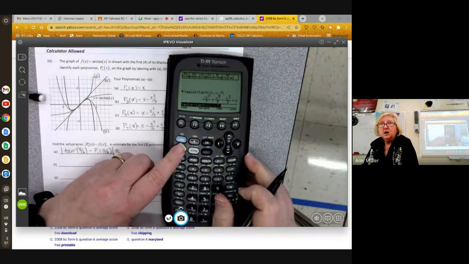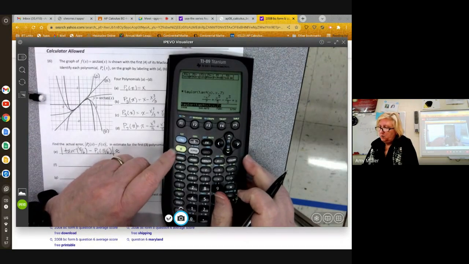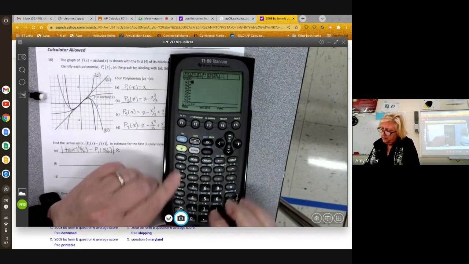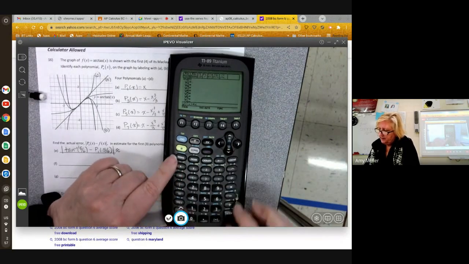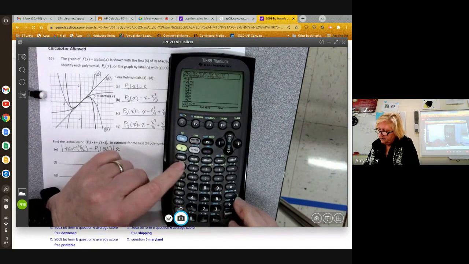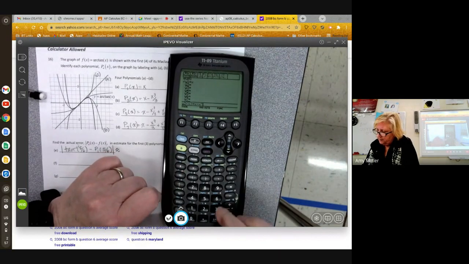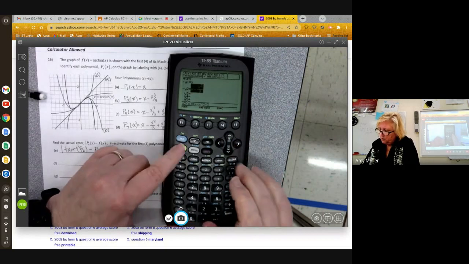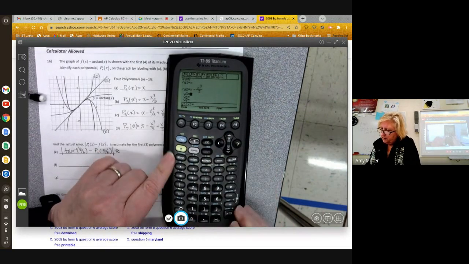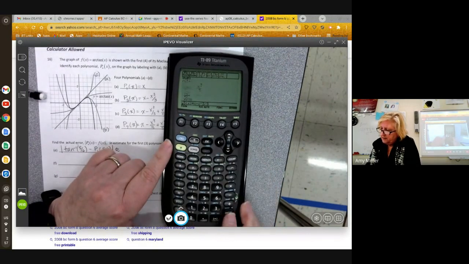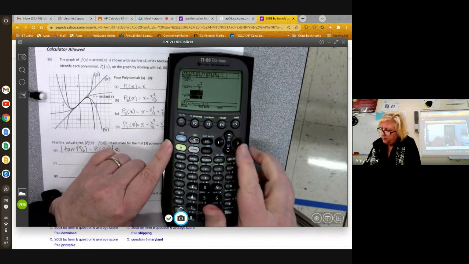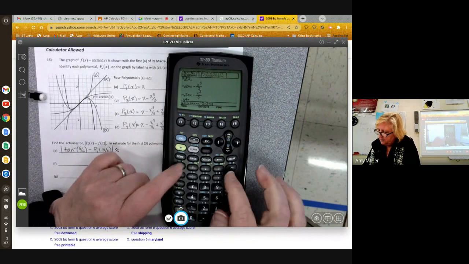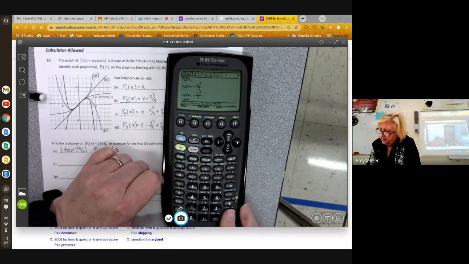You've got 2 ways to go here. I'm going to go to y equals, and I'm going to type in x, and then in the next one I'm going to type in x minus x to the 3rd over 3. Then the next one I'm going to copy this, Control C for copy, and Control V for paste, and then I'm going to put at the end plus x to the 5th divided by 5.